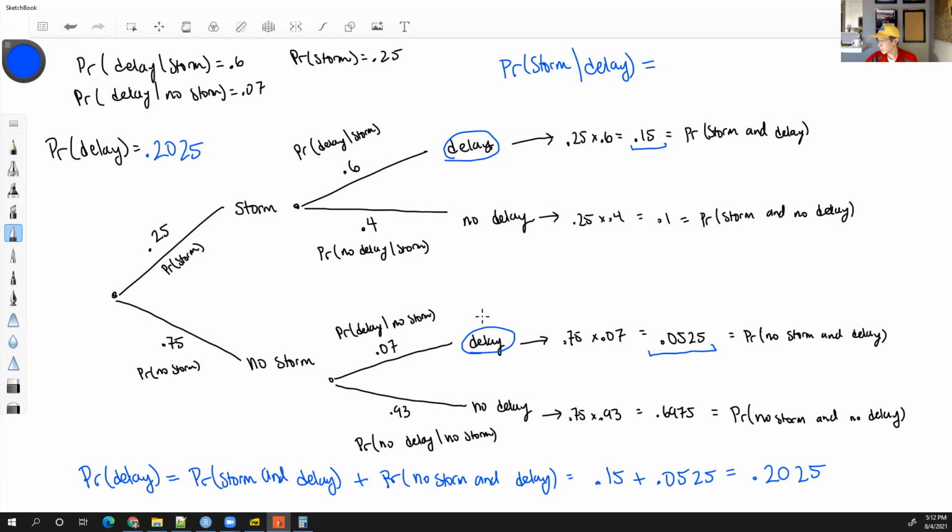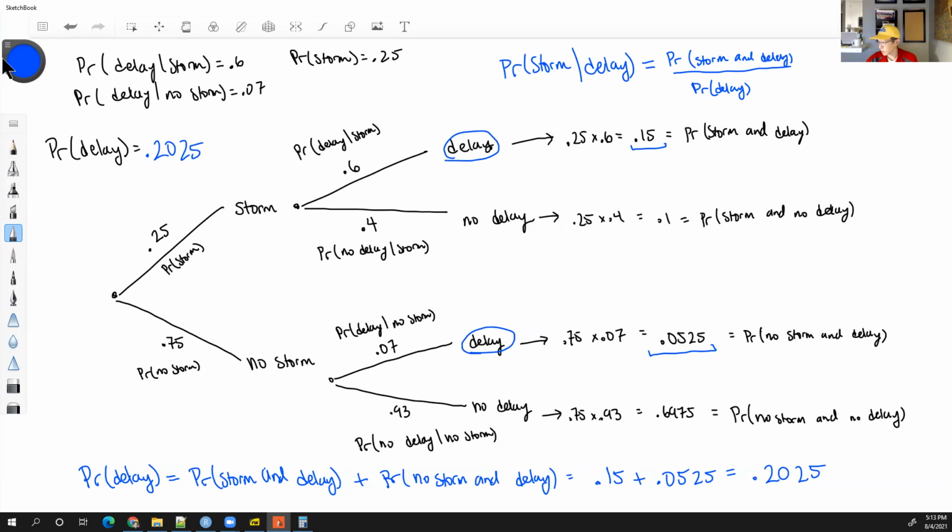And here, for the probability of storm given delay, we're just going to use the definition of conditional probability. This is going to be storm and delay. And what do I divide by in the denominator? We're going to divide by the probability of a delay, right?